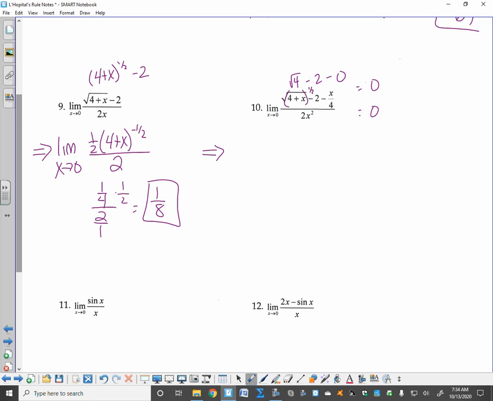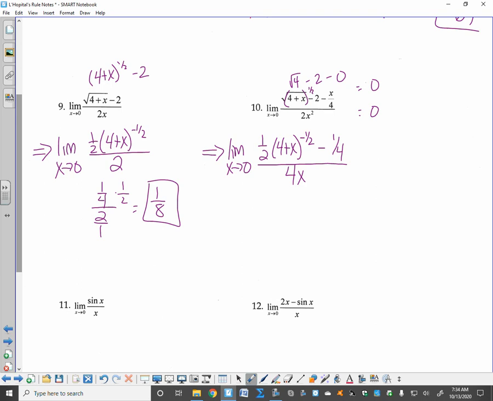So this is to the 1/2. So it would be the limit as x approaches 0 of 1/2, 4 plus x to the negative 1/2 times 1, that's your duck. All right, minus 0, that's gone, and then minus 1/4, because the derivative of x over 4, that's like a 1/4 x, so that would be a 1/4, over 4x.